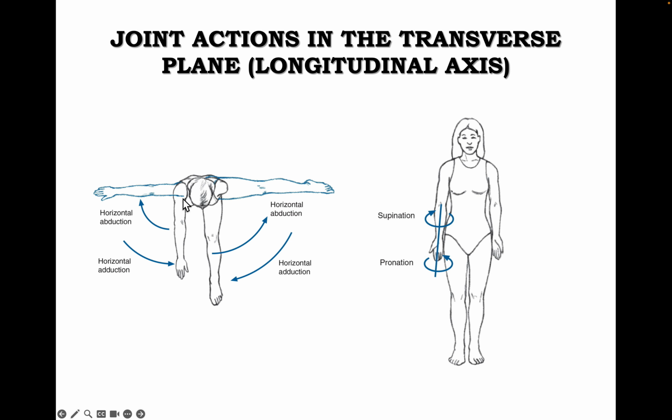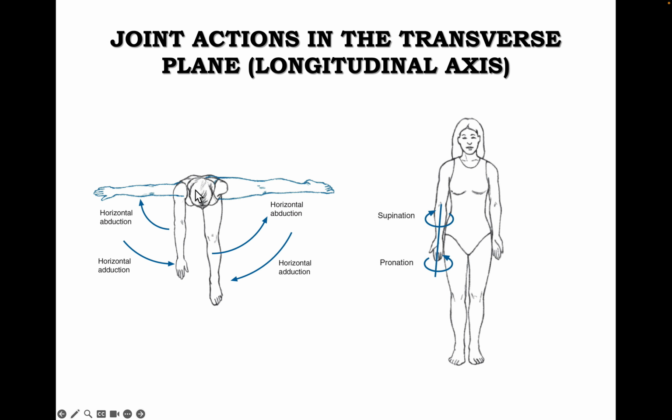Now, on the left side here, this is a special kind of abduction, adduction. This is a bird's eye view of the person, so you've got the top of their head there. We're looking at leg movements on the right side and arm or shoulder movements on the left. We've got abduction and adduction, so going away from the midline.